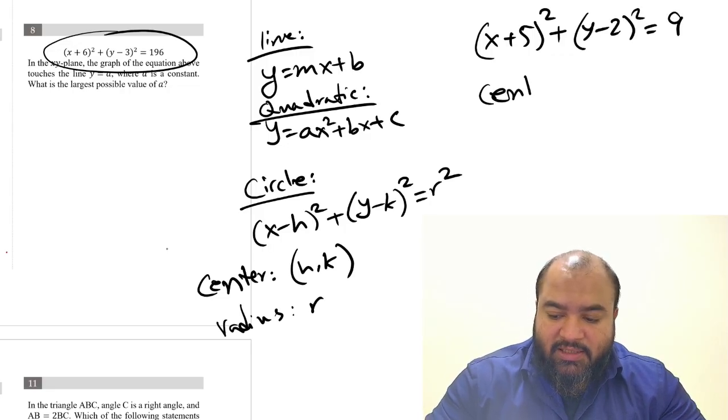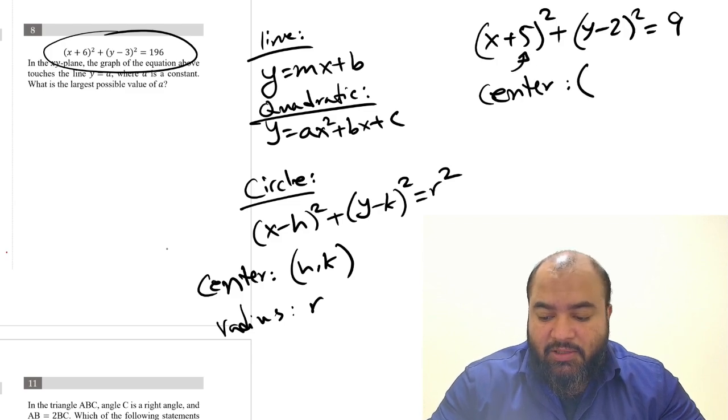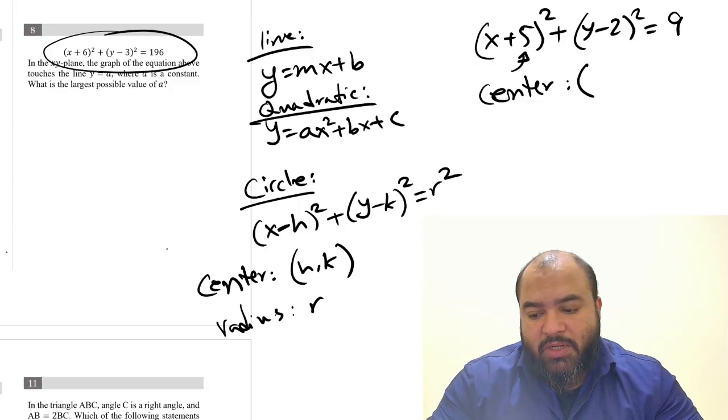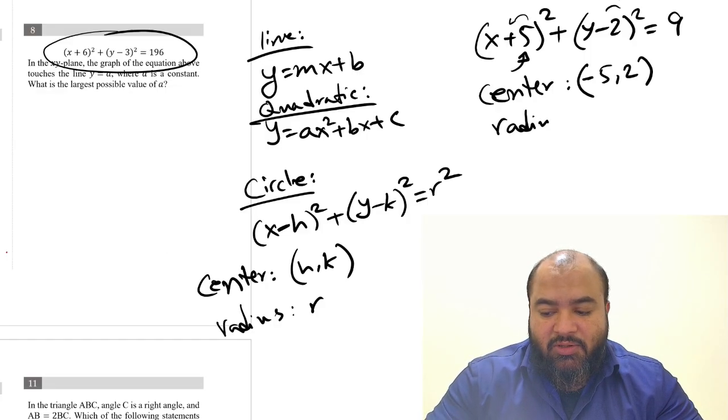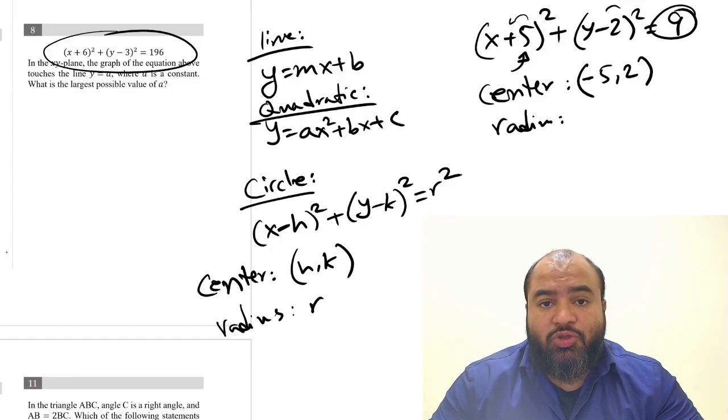Now what is the center? You always switch the sign because they're supposed to be a minus, but it became a plus. So one trick is, whatever is in front of the number, the h, you switch the sign. It's a plus 5, we take minus 5. It's a minus 2, we take plus 2. And the radius on the other side, remember, you have to square root it because the other side is the radius squared.